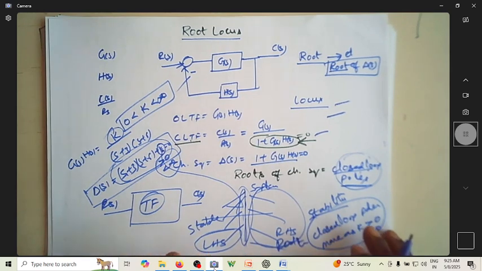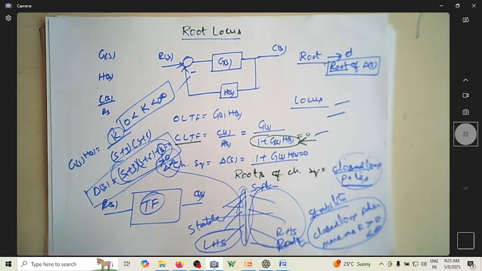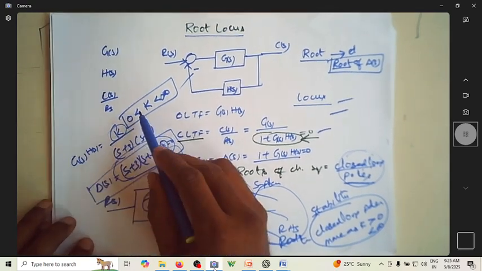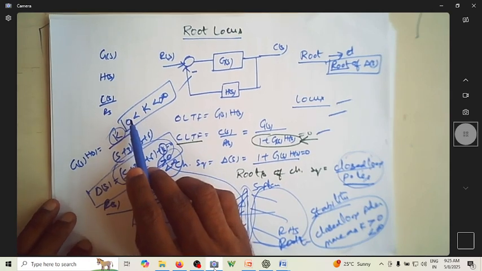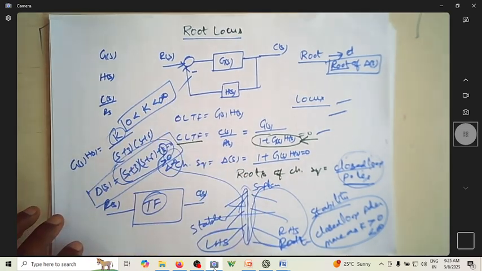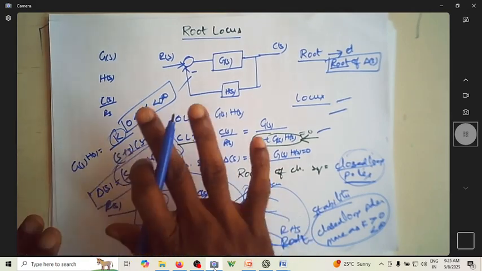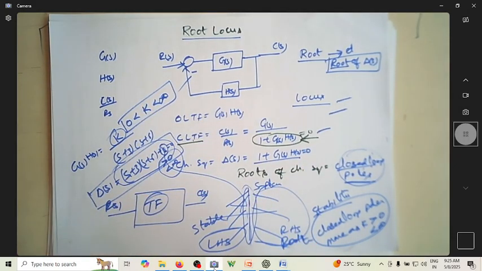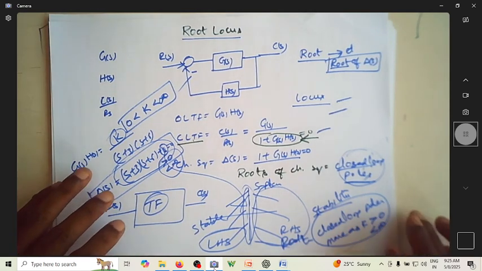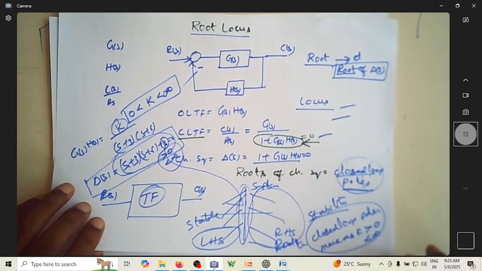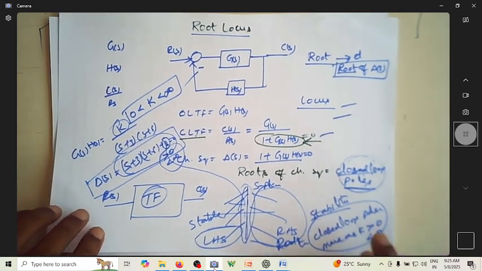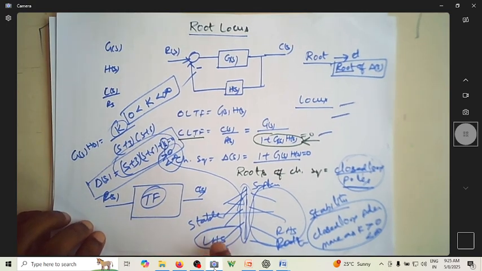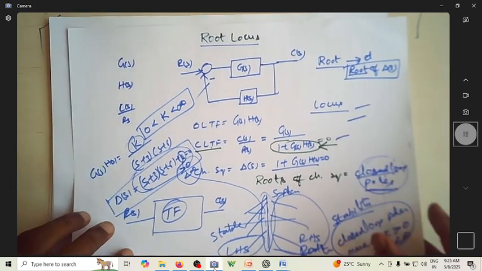Root locus is the path traced by closed loop poles as the value of K ranges from greater than 0 to less than infinity. So this is about locating the closed loop pole position as K increases, because that closed loop pole position is important for me to know the stability of the system.